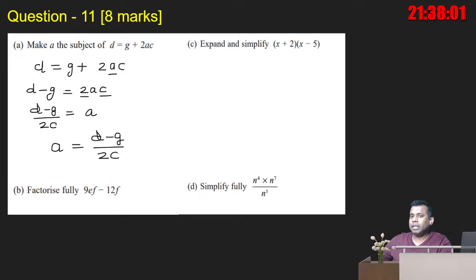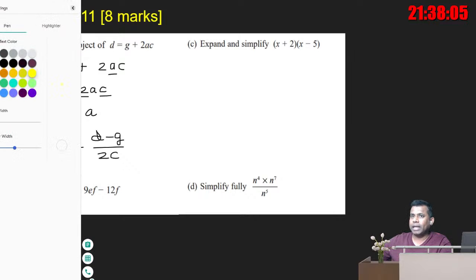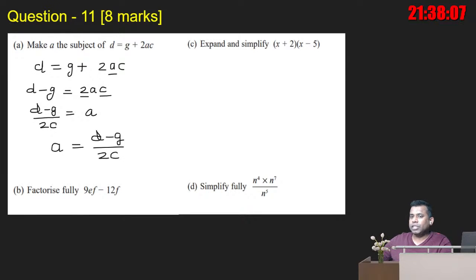And the B part, factorize fully. I'm just going to change to a different color to stand out on the blackboard. So factorize fully, right? So 9EF minus 12F. From year 9, you start the topic called factorizing. Factorizing means it's the opposite of expanding brackets, so taking the common letter or number out of the expression.